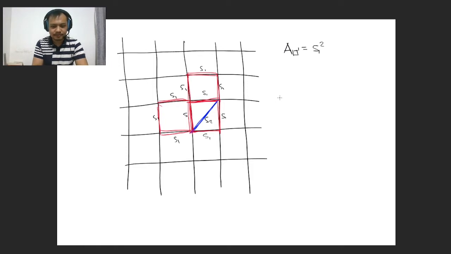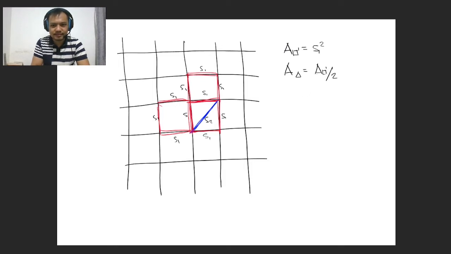Okay? Now, let's look at it even further. So, when we look at this diagonal, we created two triangles, correct? So that we could say then that the area of the triangle in this instance is equal to the area of the square divided by 2.